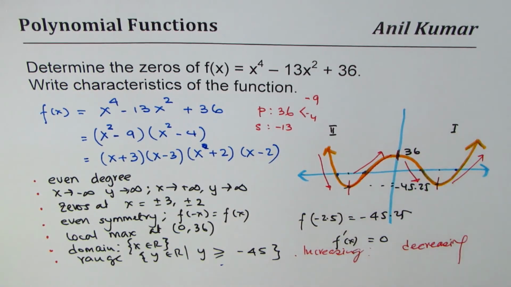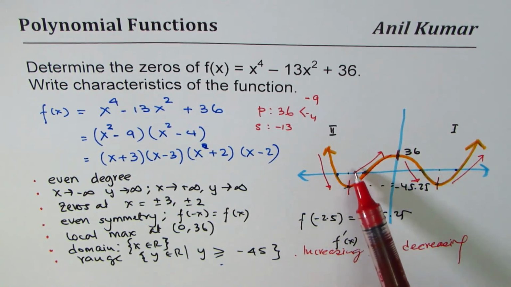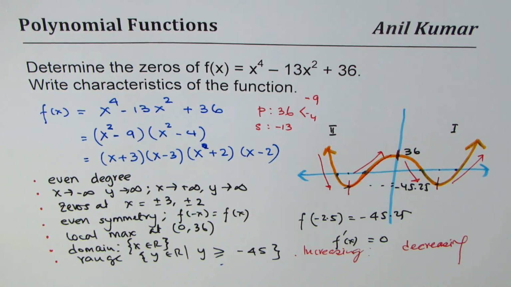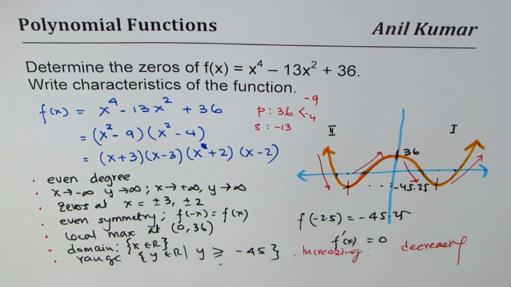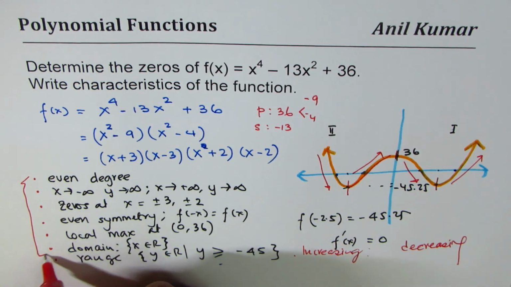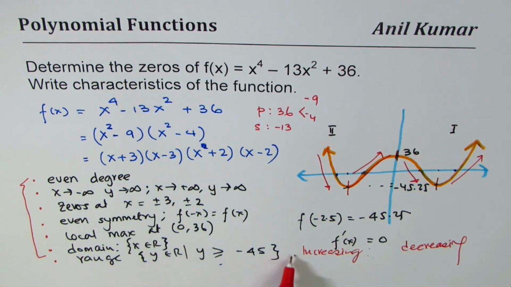Since we are sure about it, but not exactly, we are not putting this up, okay? So these are good characteristics to write for the given polynomial in the test. I'll say the best is just to go up to this point, as these things are approximate and may waste some of your time, which is not worth it unless it has been specified in the question.